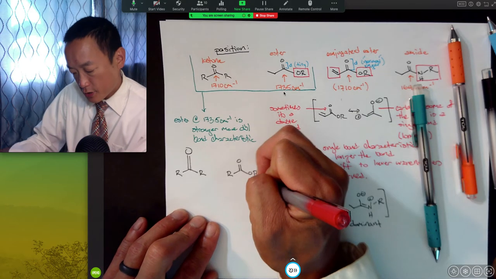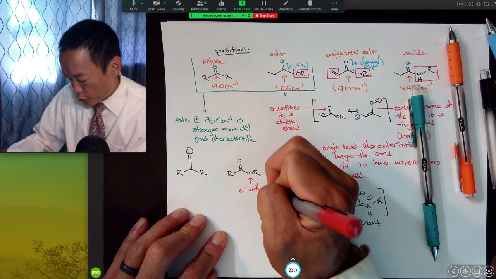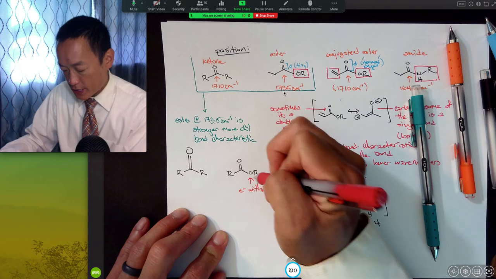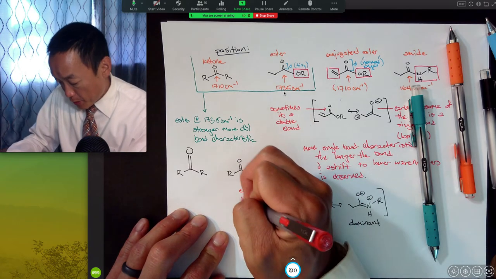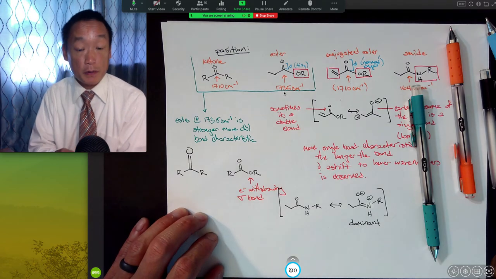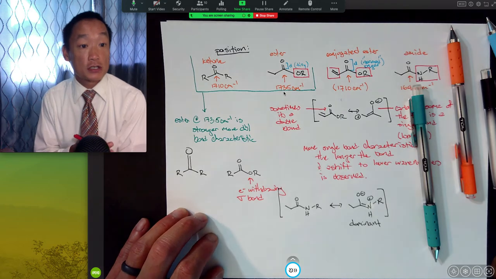This oxygen is electron withdrawing. In a way, it's going to pull electron density through the sigma bond. You might be thinking that in a pi bond it donates. It does, but in a sigma bond, and this bond right here, oxygen is electronegative.